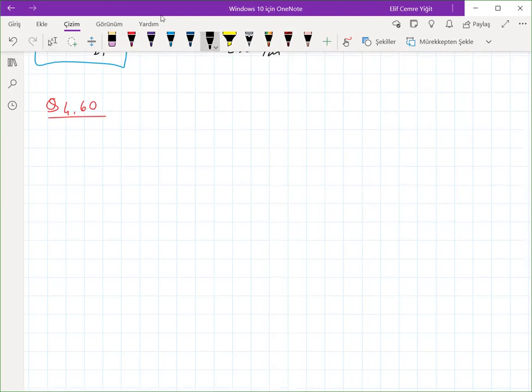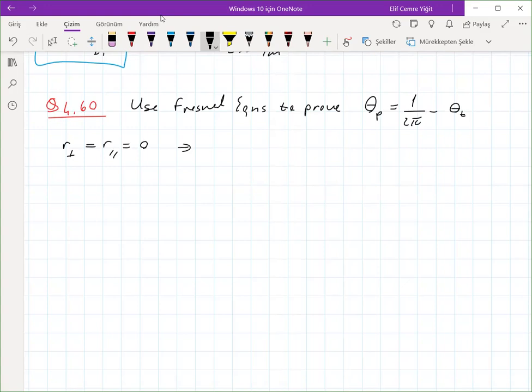The question asks us to use Fresnel equations to prove the polarization angle will be equal to 1 over 2 pi minus the transmittance angle. I know that when r parallel is equal to 0, my theta incidence will be equal to theta polarization. This is the polarization angle.